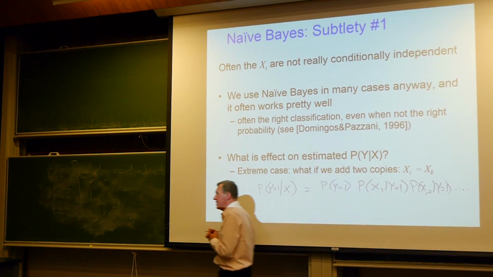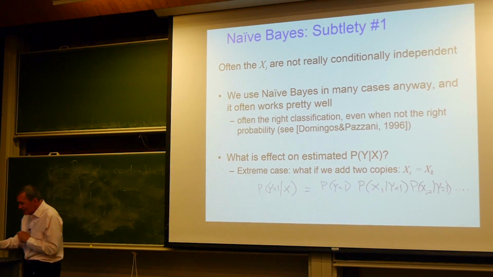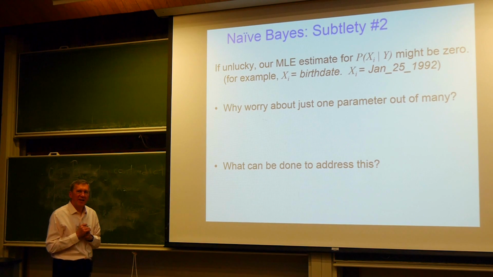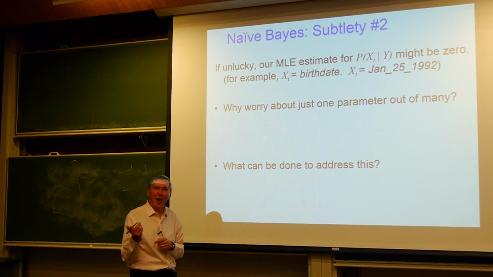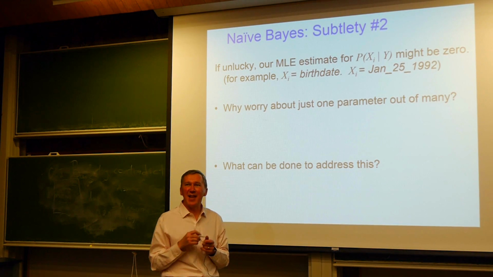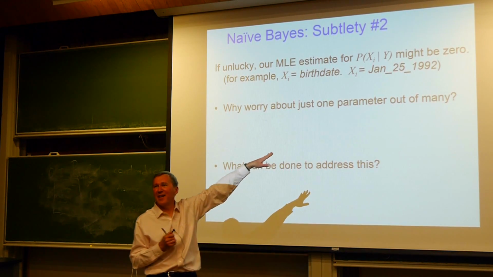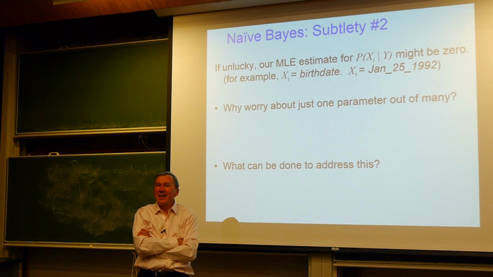Okay, so that's one subtlety. Another subtlety, which almost showed up surprisingly when we were doing this classifier, is that we can have features that are so rare that we end up getting 0 counts.